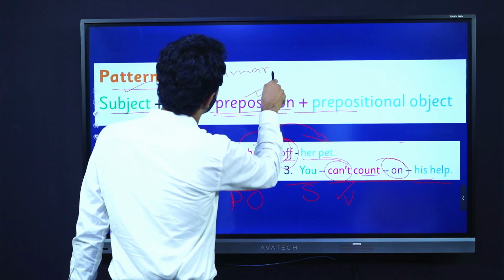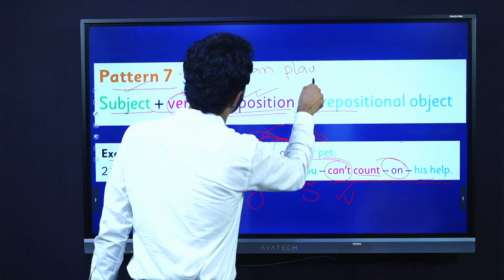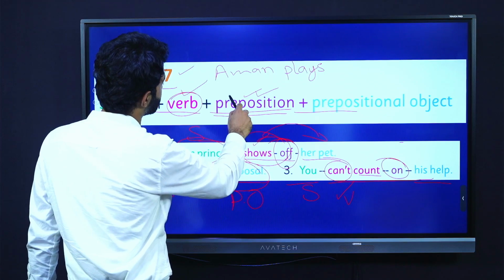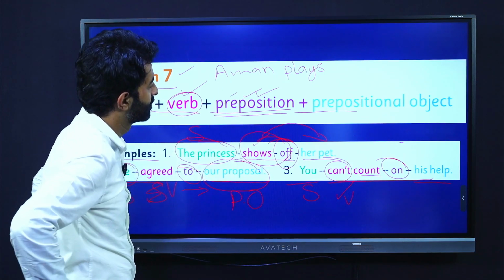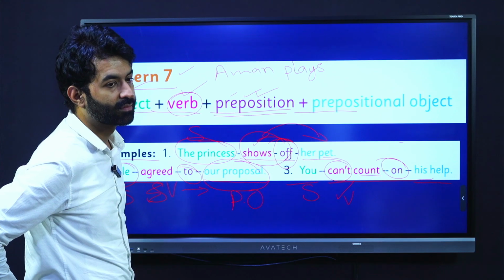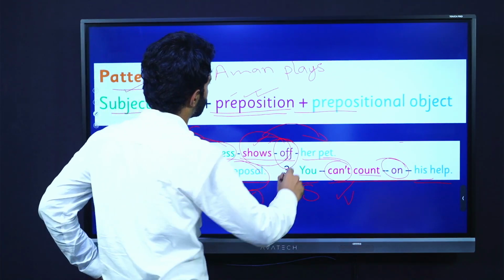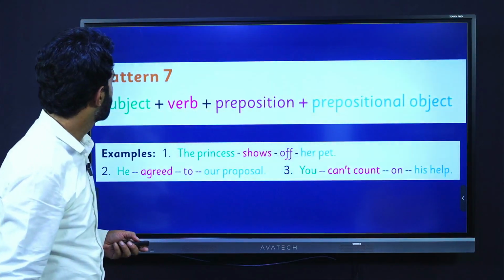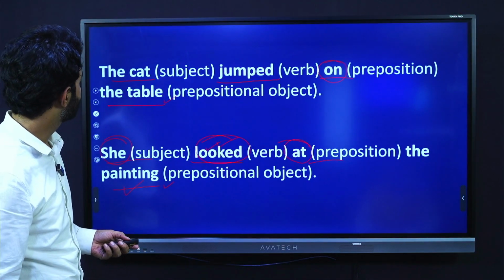Aman plays. We need a preposition. Yes. At the park or whatever. So subject, verb, preposition and prepositional object. All right. So pattern number 7.